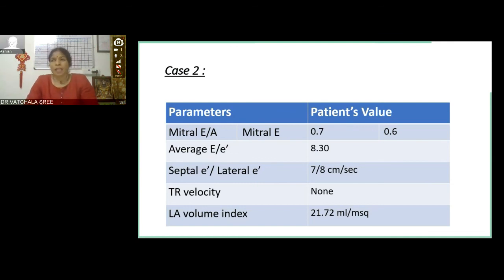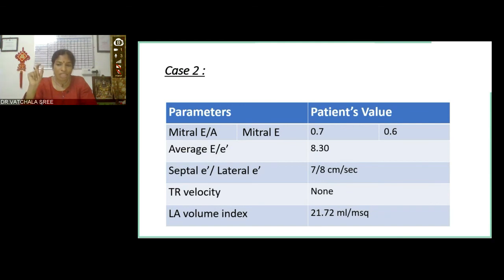Because the moment you start doing this particular assessment routinely, then only will you realize that in a 2D image, we make a visual assessment and we say this LA is dilated, the patient has left ventricular hypertrophy, and with overconfidence we say LVH with dilated LA. But LVH with dilated LA is not equal to increased indexed LA volume.